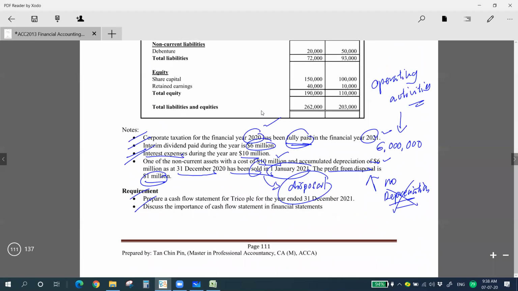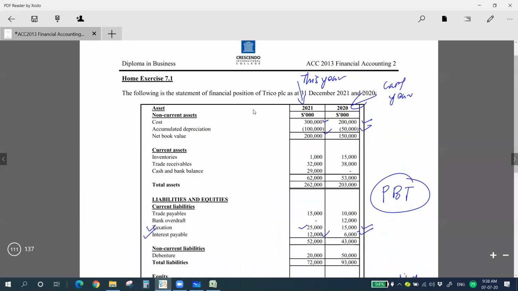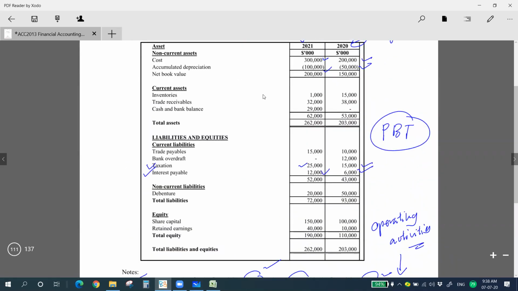Do you have the information of profit before tax directly from the textbook? No. So this examiner, very tricky, very bad, like me. So we have to do some working to find out the profit before tax.